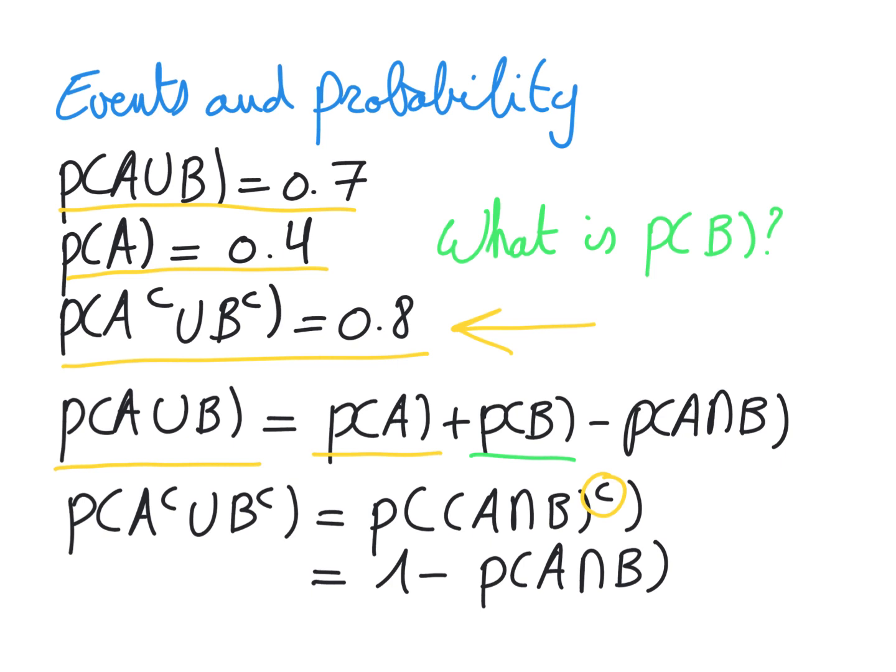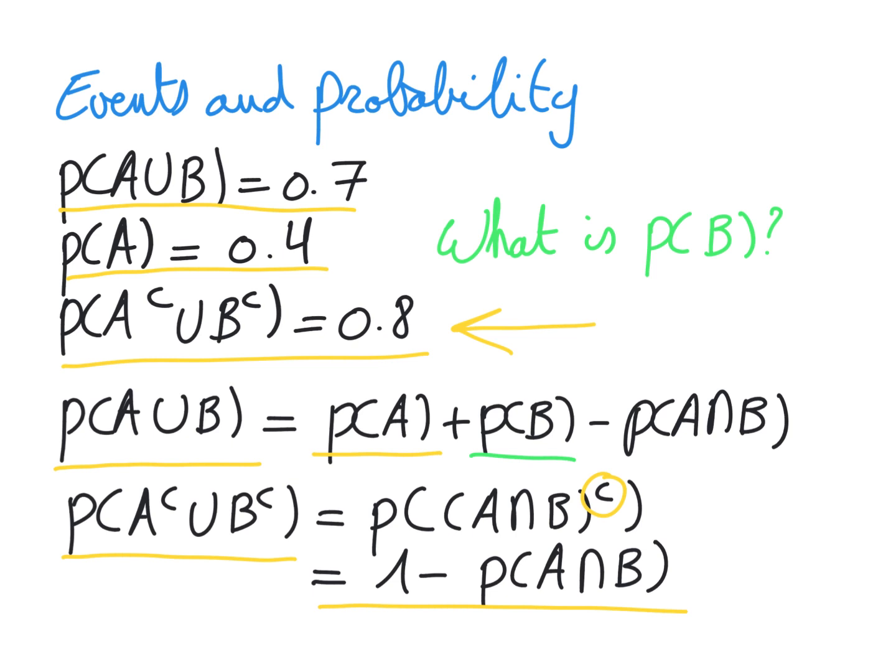Okay, so now we're almost done because we know that the probability of A complement union B complement is 0.8, and that was a given. And this is apparently equal to 1 minus the probability of A intersection B. And so if 1 minus the probability of A intersection B is 0.8, then the probability of A intersection B must be 0.2.